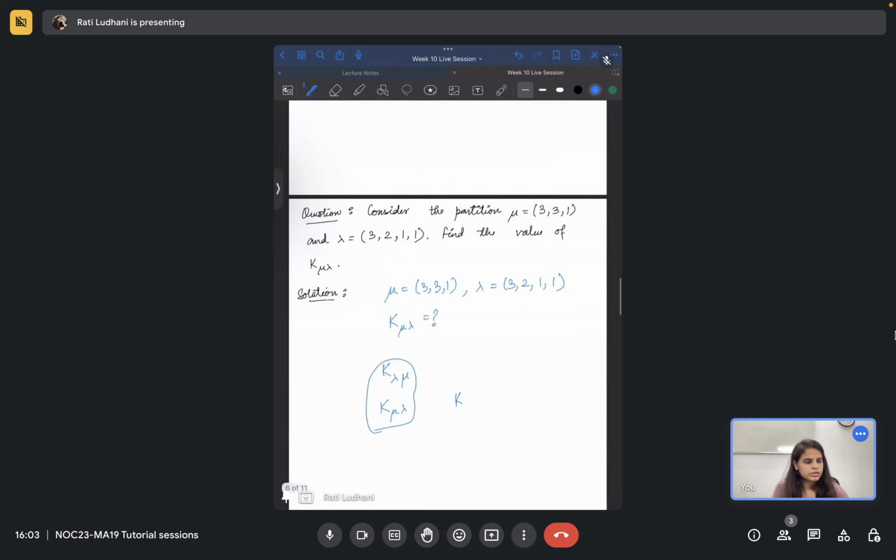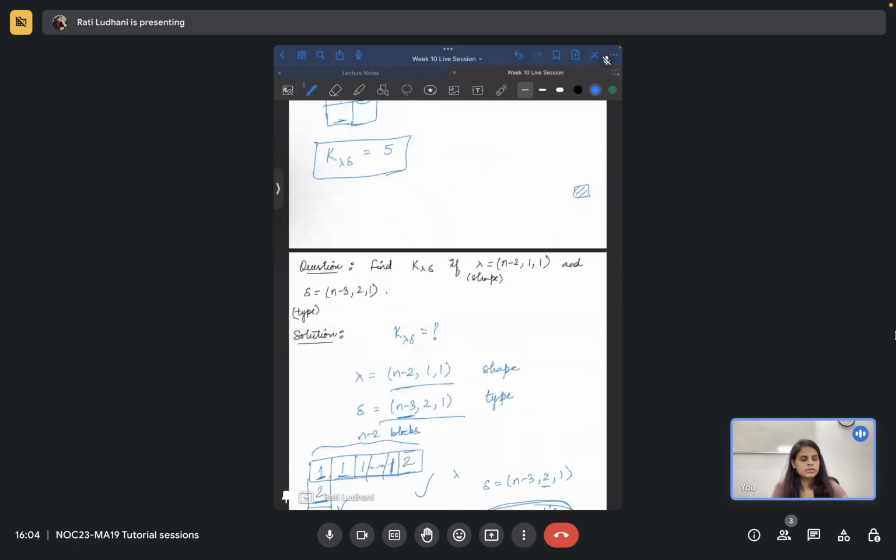Delta means we write 0, n minus 2 times, n minus 1 times, and so on. What is the difference? It doesn't matter what letter you use, what Greek letter you use, but the point is the first letter will denote shape and the second letter will denote type. That is the main thing.